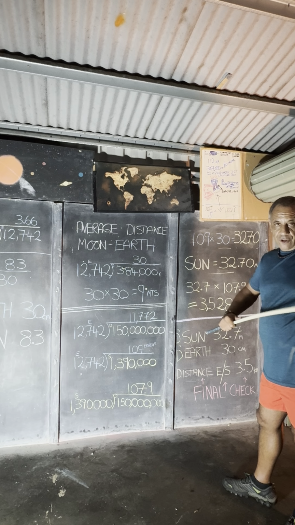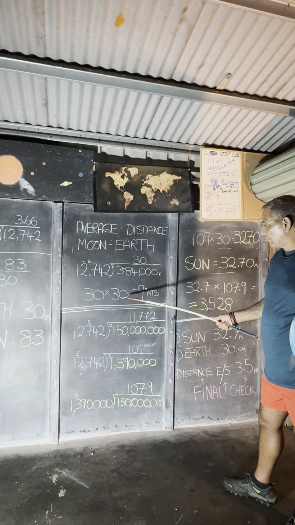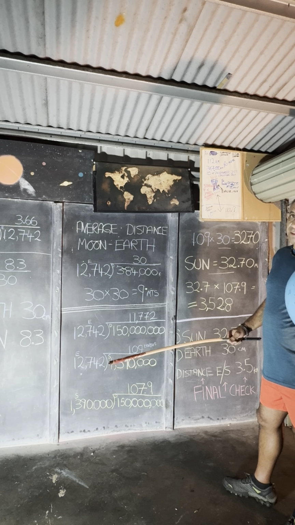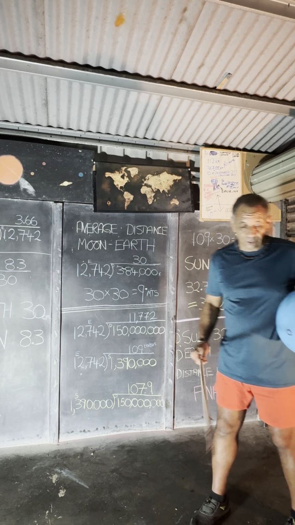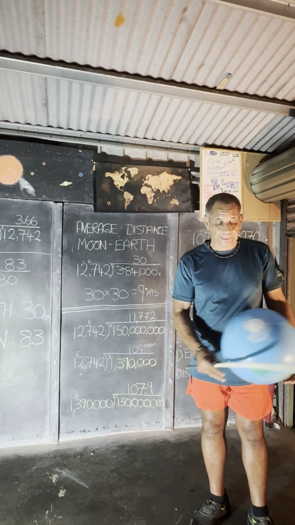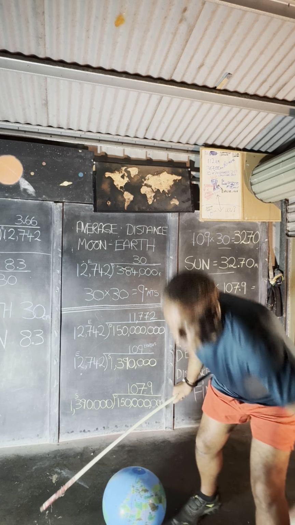Its diameter is 30, so we've got 30 of them. 30 times 30, 900. So 900 centimeters is 9 meters. So the distance that we're working with out there is 9 meters. That is the distance to scale, right?